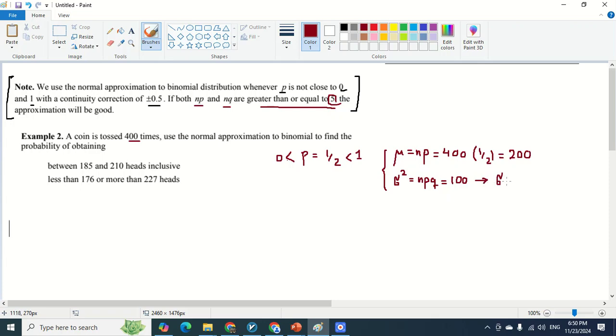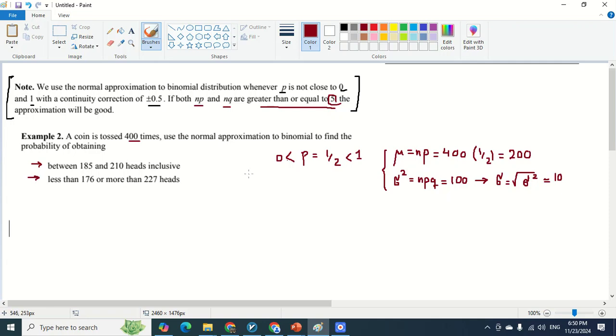The standard deviation is the root of variance, the root of sigma square, or the root of 100. So the root of 100 is equal to 10. So with these two factors, the mean of 200 and a standard deviation of 10, you should calculate these probabilities and estimate the given values.